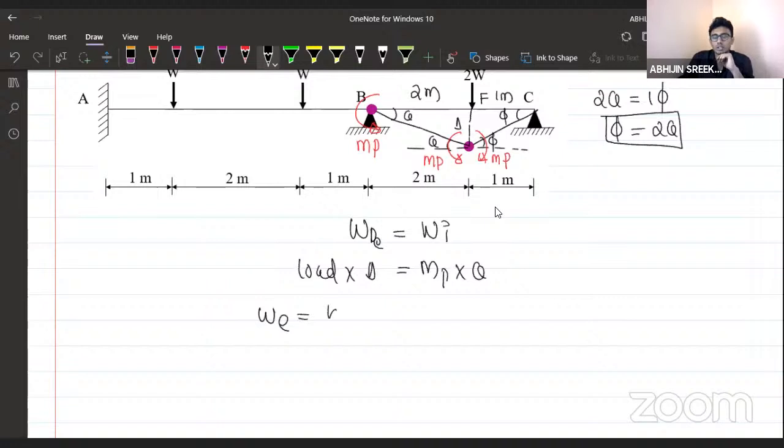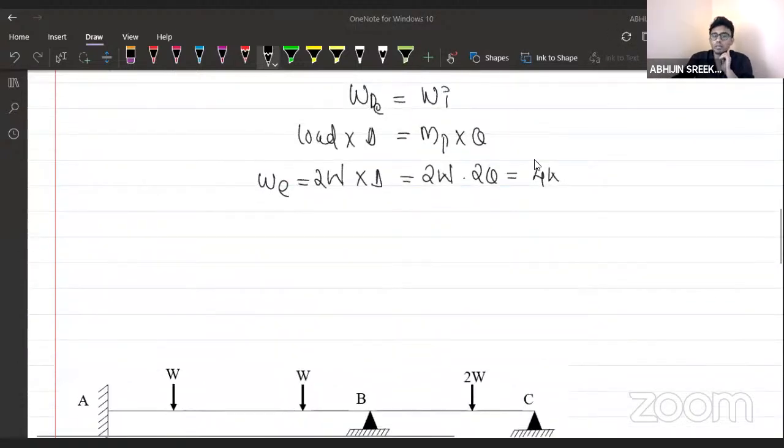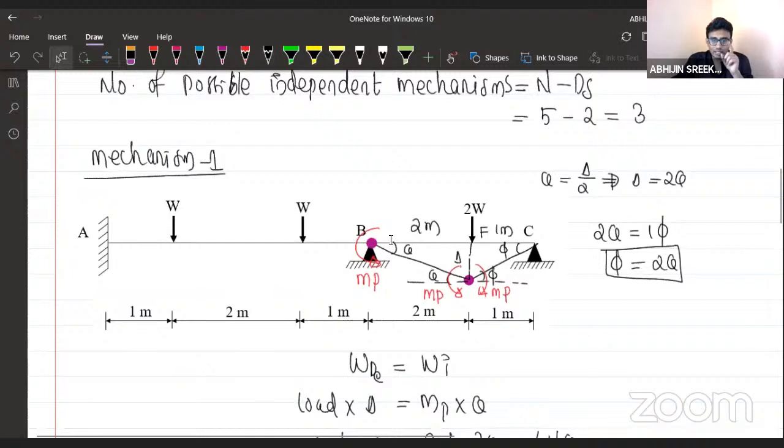External work done will be equal to load, that is 2W, into delta. Delta I can write in terms of theta or phi. I am writing it here in terms of theta, so it will be 4W theta. So WE will be equal to 4W theta, and WI is the internal work done. It will be equal to Mp into theta plus Mp into theta plus Mp into phi.